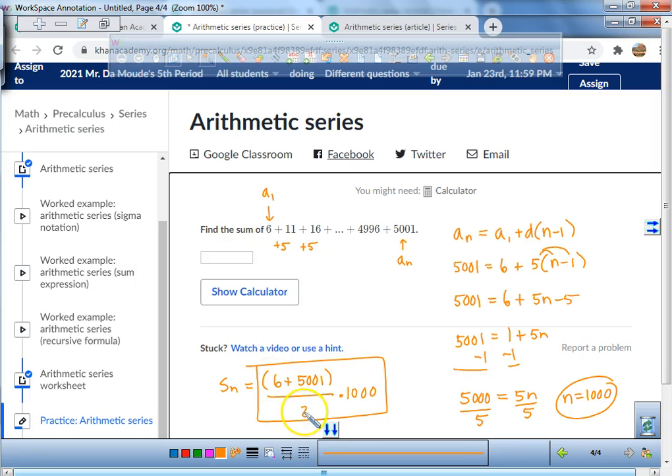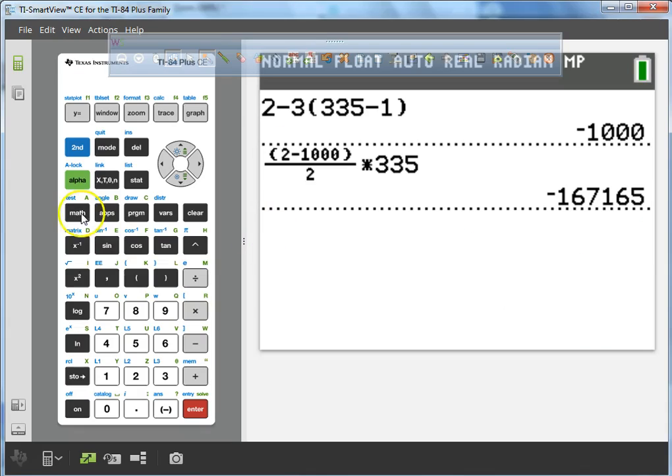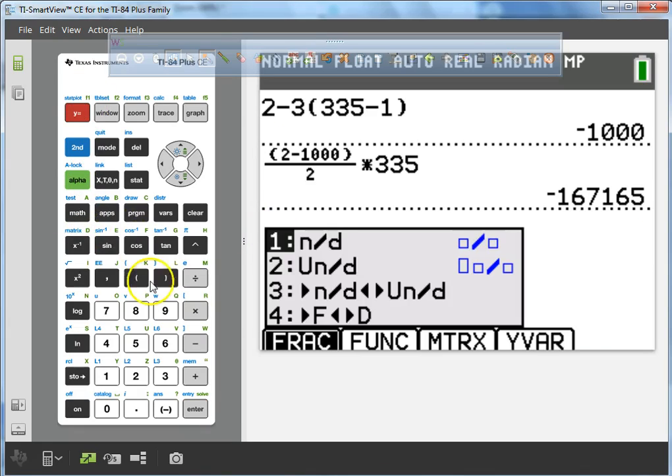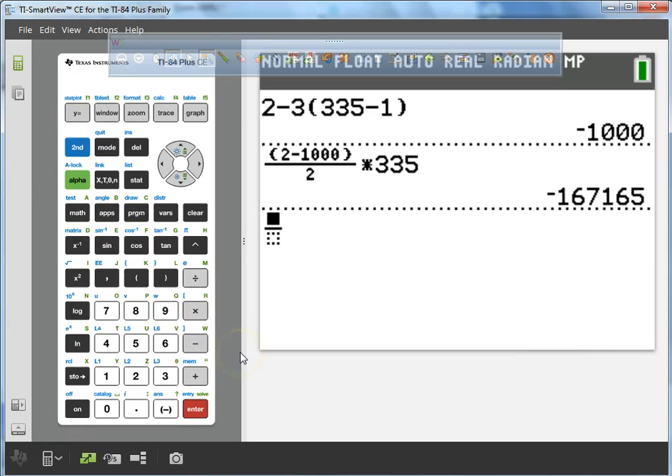Once again, alpha y equals, enter, take our first term, which is 6, take our last term, which is 5,001, close the parentheses, divide that by 2, multiply it by how many terms there are in the whole series.